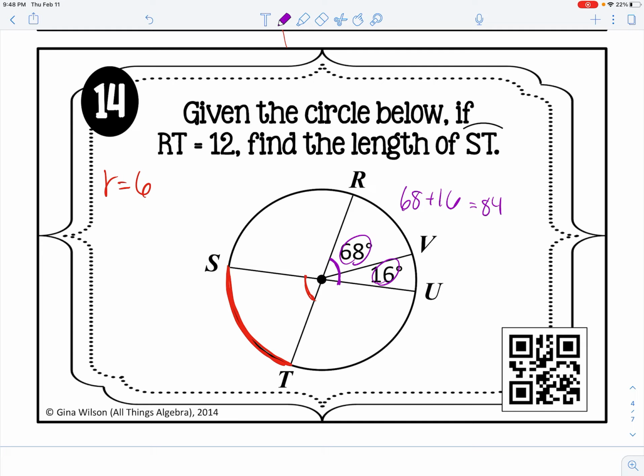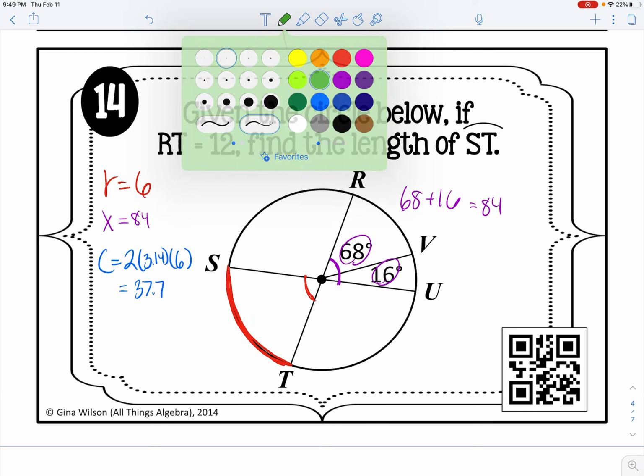Now that's what we're going to use for our angle. Let's plug this in. Circumference, 2 times pi times our radius, and I got 37.7.